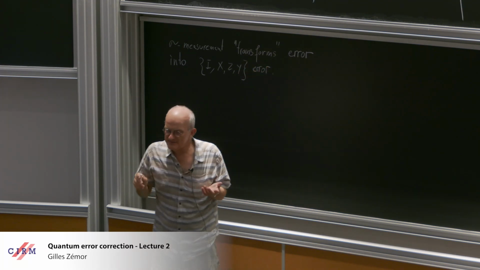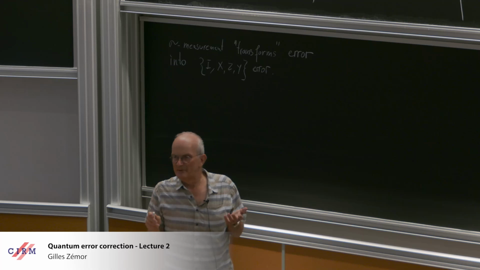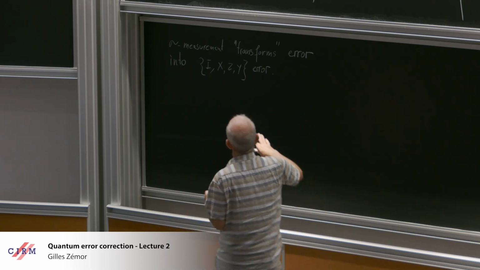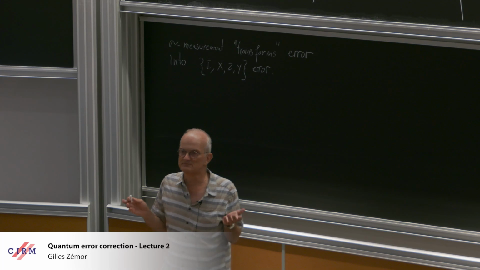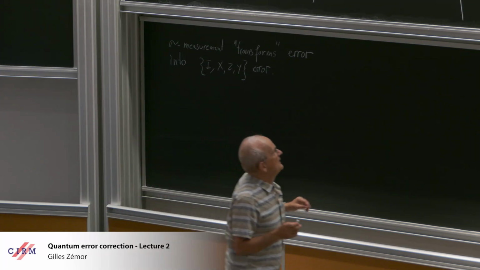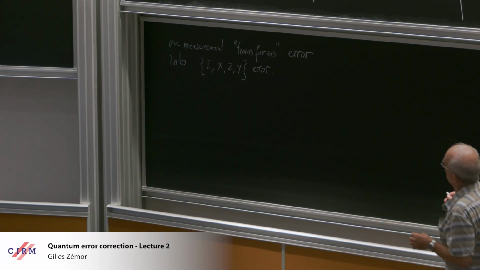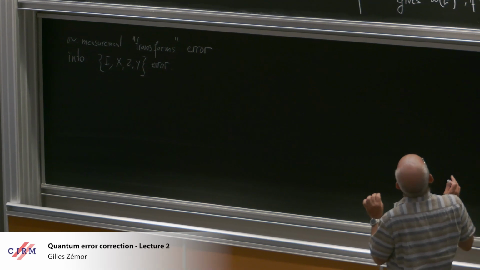And this is why it's enough to devise schemes that will correct errors of this form as opposed to very general errors. I've cheated very slightly, but not very much.